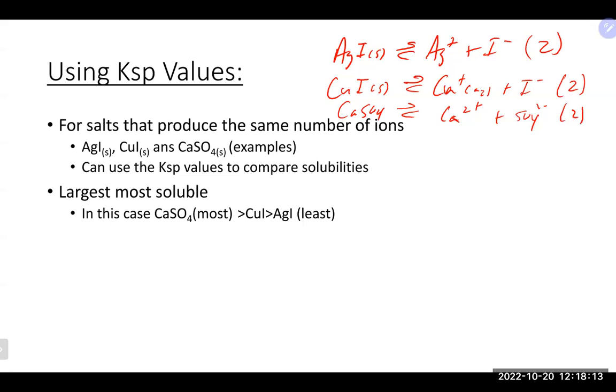So if you are comparing 2 salts that break apart into the same number of ions, what that basically means is that if you roll through the ice table, you're going to end up with the same sort of result calculation. You can use the KSP values directly to determine which one would be more soluble and which one would be less soluble.